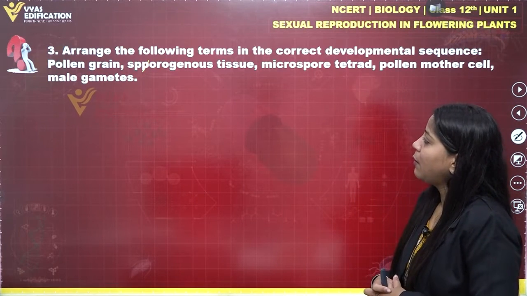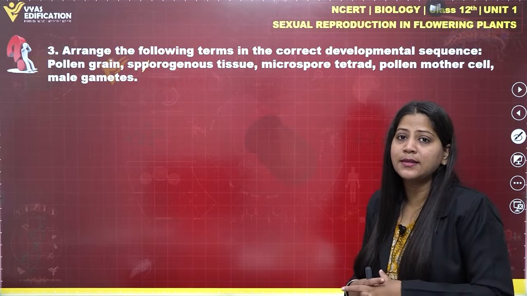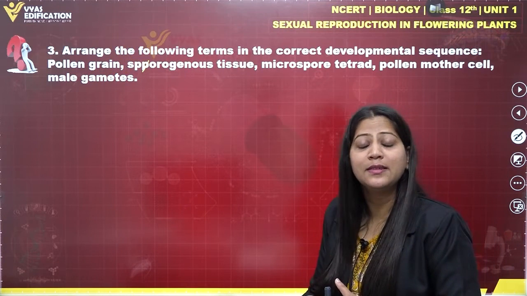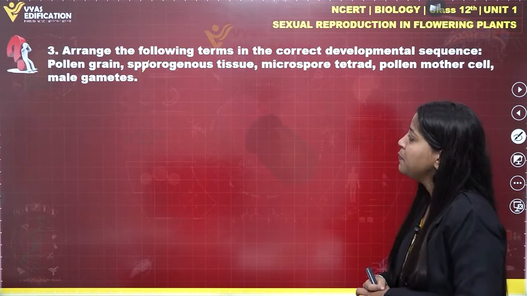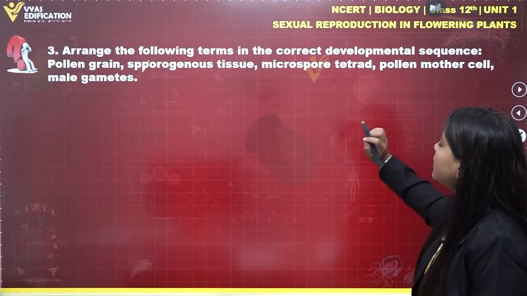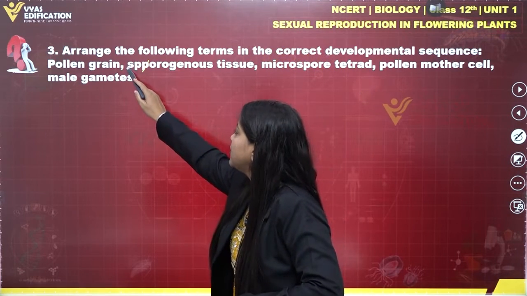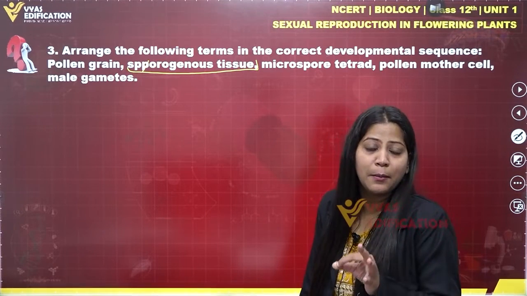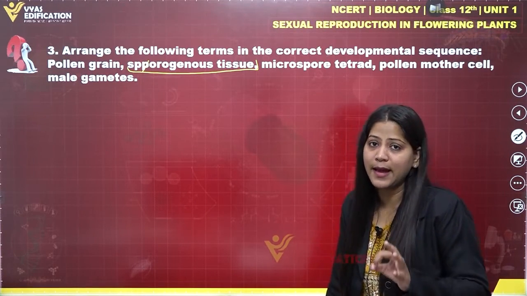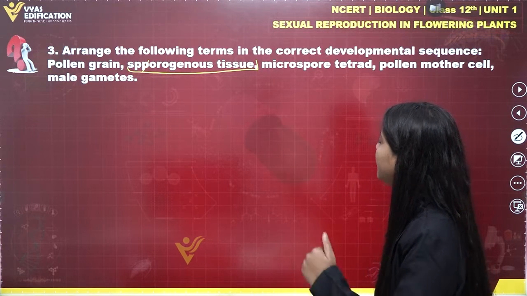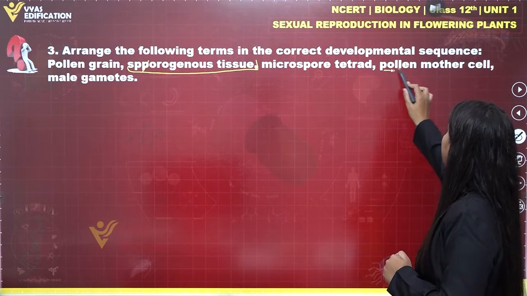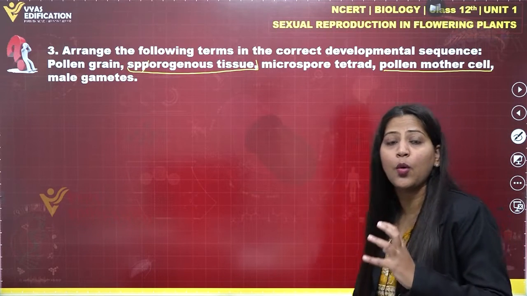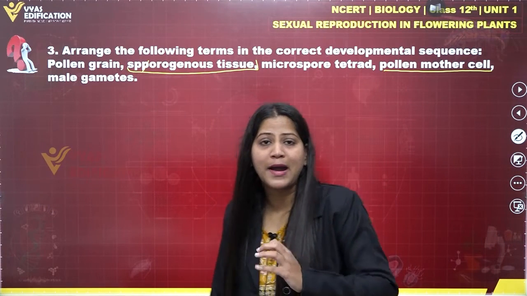Now, if we talk about microsporogenesis, the developmental sequence would be, first of all, the sporogenous tissue. Sporogenous tissue is first because it is present inside the microsporangia or pollen sacs. Then after sporogenous tissue, we will have pollen mother cells, which give rise to microspores.